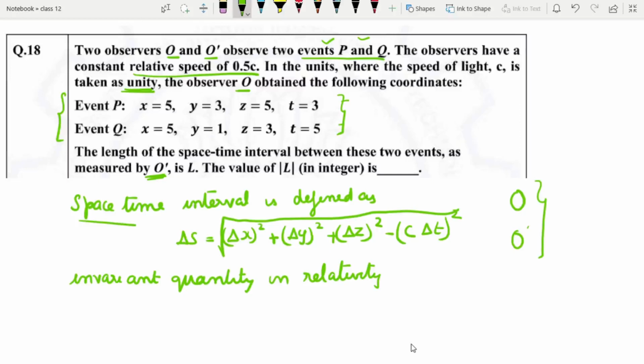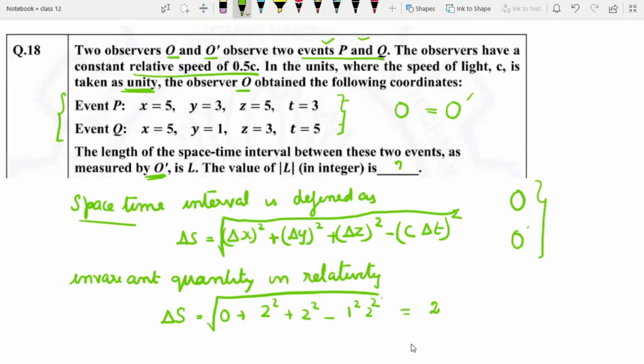So if we calculate the space-time interval for O, it will be equal to the value for O prime also. So we calculate delta S for O. Delta S is the root of 0 plus 2 squared plus 2 squared minus 1 squared times 2 squared. By simplifying it, we get simply 2. So the answer is 2.